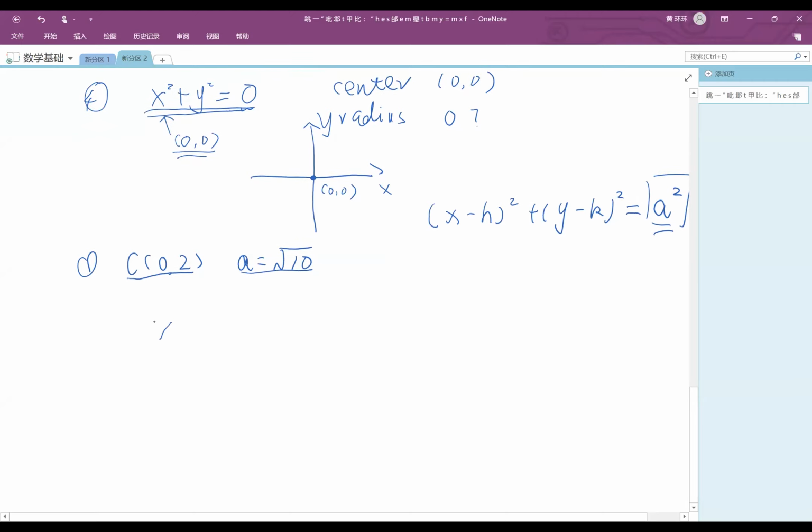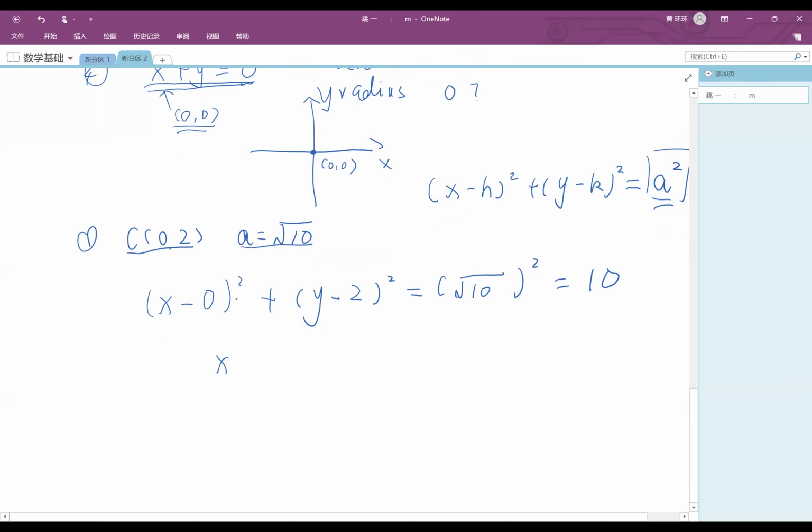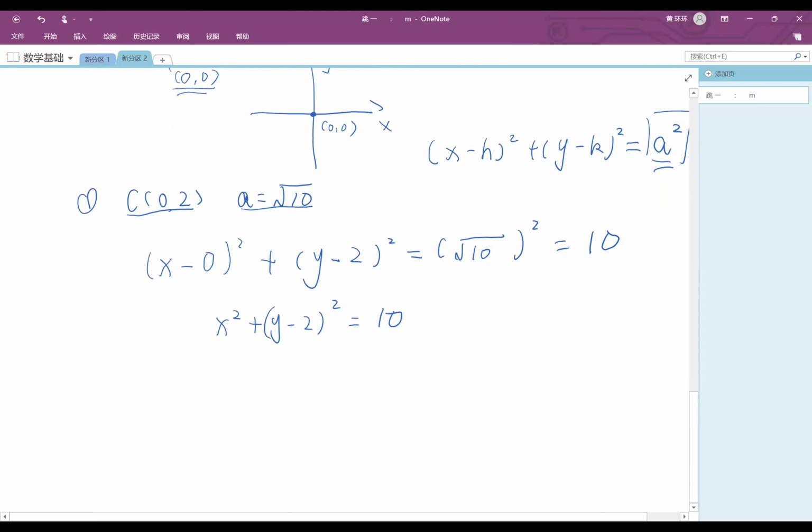This is x minus h, and h is the x coordinate of this point C. Here it is 0, so x squared, plus (y minus 2) squared is equal to a squared, and the square root of 10 squared is equal to 10, right? So the equation of this circle is x squared plus (y minus 2) squared is equal to 10. This is the first one.